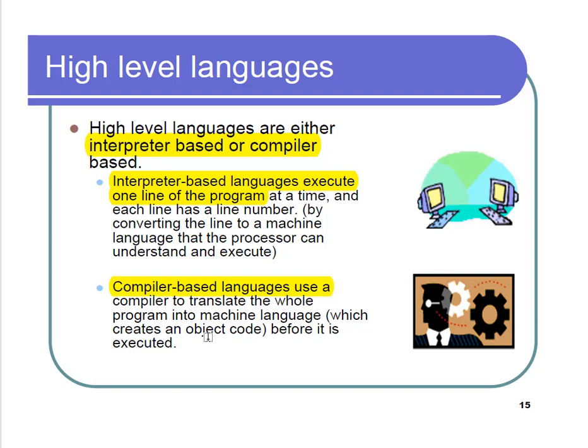So this is compiler-based. But I think this is not so important to be understood at this level of the subject. As you go along, when you are an expert, you will understand what interpreter-based language and compiler-based language are.